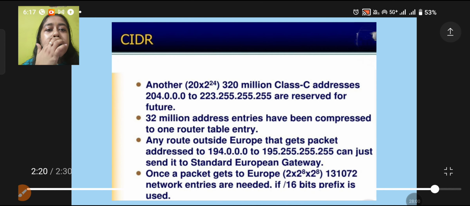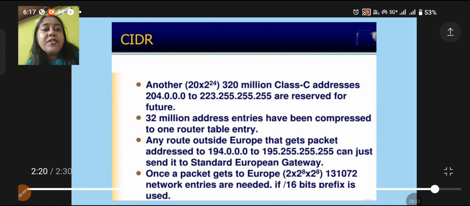Now another 20 into 2 to the power 24, 320 million class C addresses, that is 204.0.0.0 to 223.255.255.255, are reserved for the future. Again, class C has addresses which are reserved for the future, like class E, right?